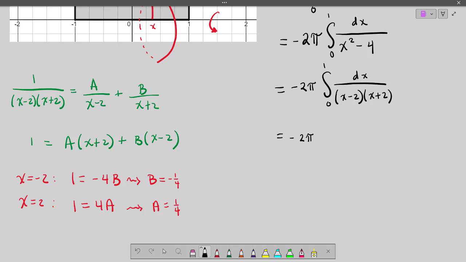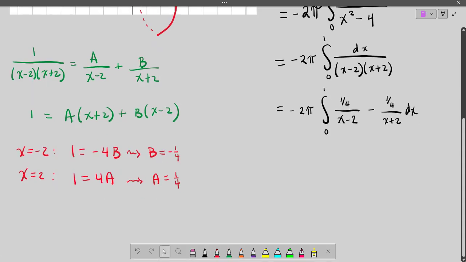All right, so then we have negative 2 pi times the integral from 0 to 1. We're rewriting: we have a 1/4 over x minus 2 minus a 1/4 over x plus 2 dx. Factoring out that 1/4 seems like a natural choice, so let's factor that out.